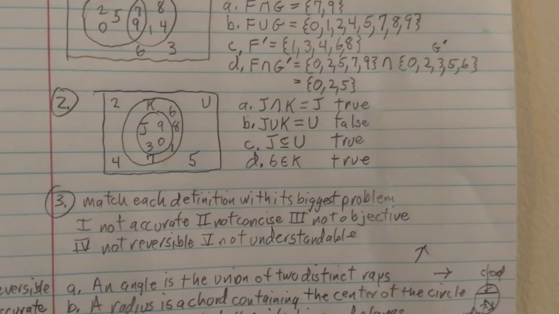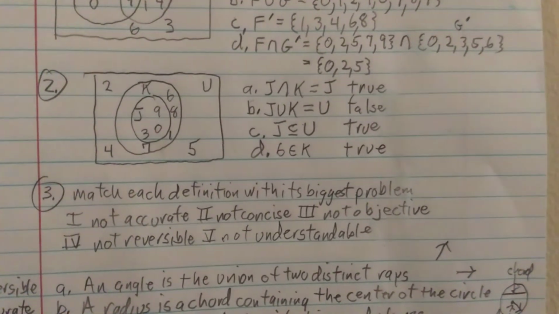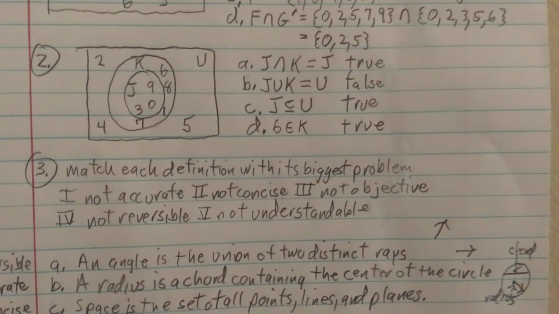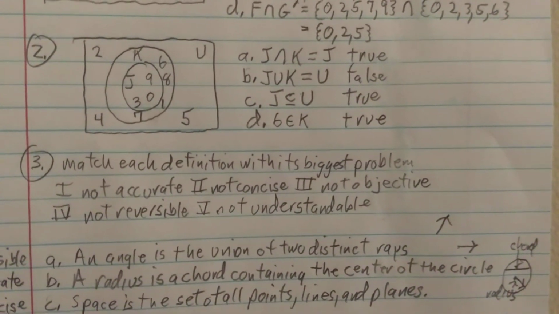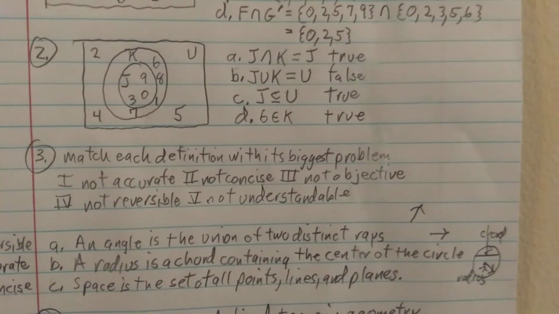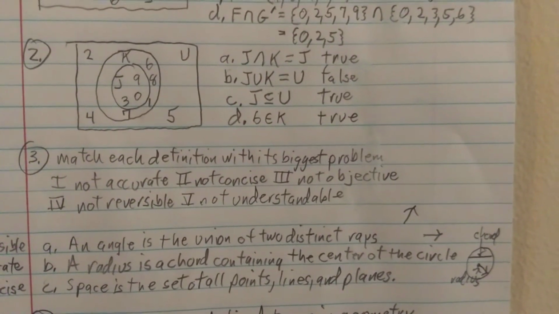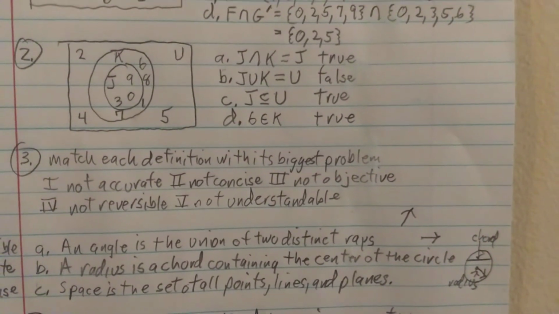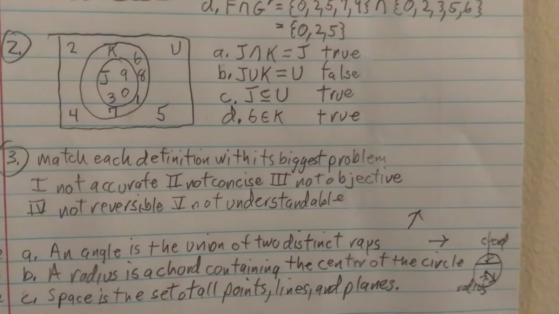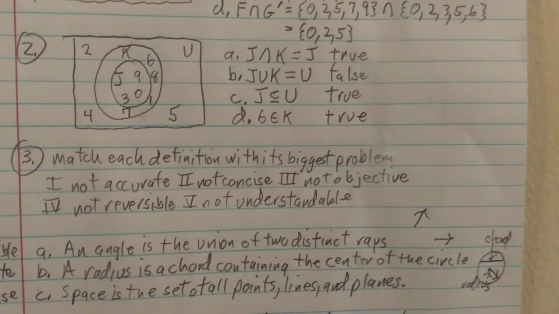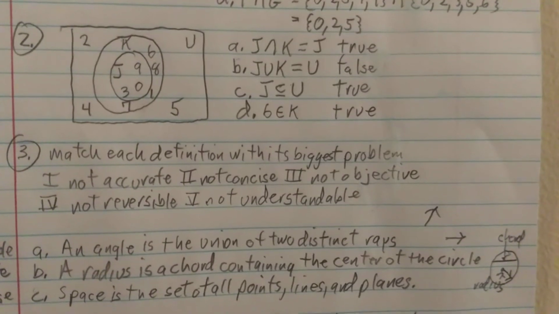For problem 2, we look at the set J, which is the smallest one, 0, 3, 9, and then K, which includes J, which also has 6, 8, 1, 7, and then 2, 4, and 5 in the universal set outside the K. So J intersect K equals J is true because J is the smallest in what they have in common.